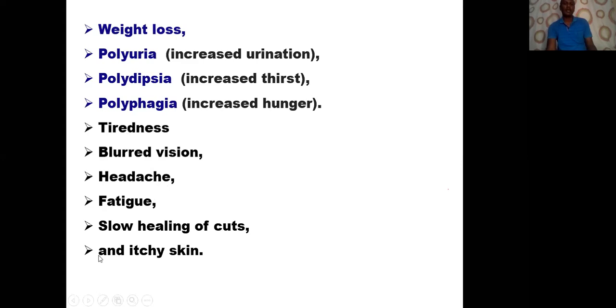And again here, for the itchy skin, the neurons in the skin will be damaged, and you'll feel the itchy skin. So these are some of the symptoms of type 2 diabetes.